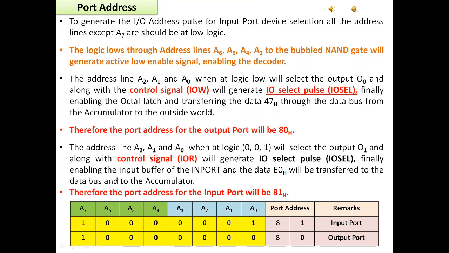Similarly, the address lines A2, A1, A0 when at logic 001 will select the output O1, and along with the control signal IOR, that is IO read, will generate an IO select pulse, finally enabling the input buffer, and the data E0, which is available at the input port, will be transferred to the data bus and to the accumulator.